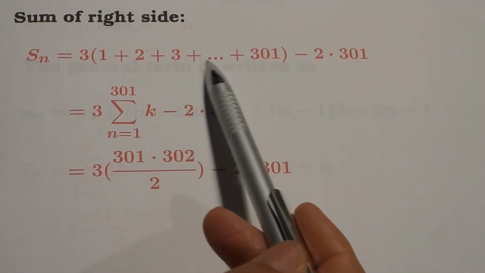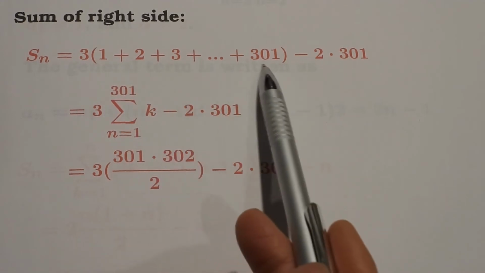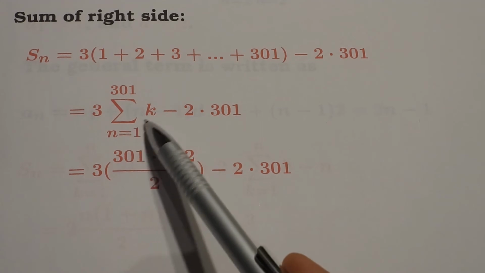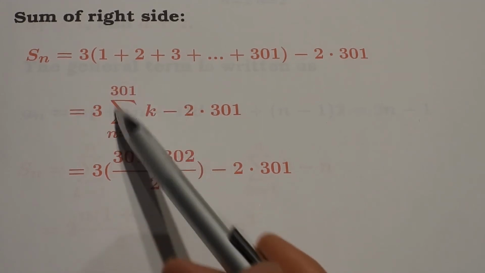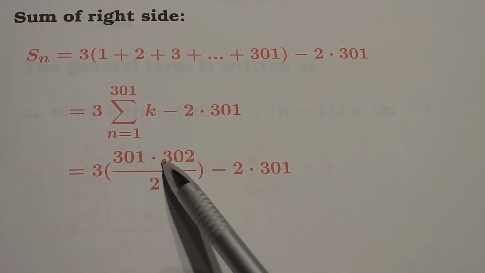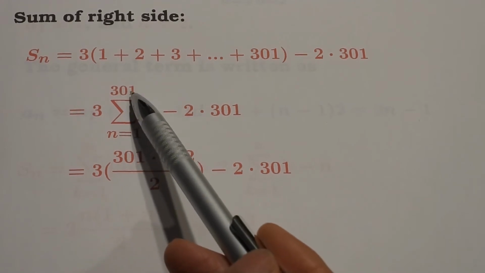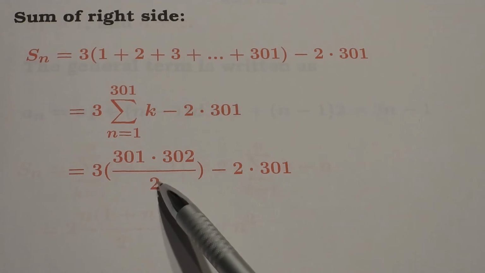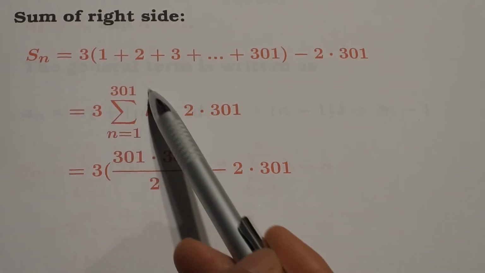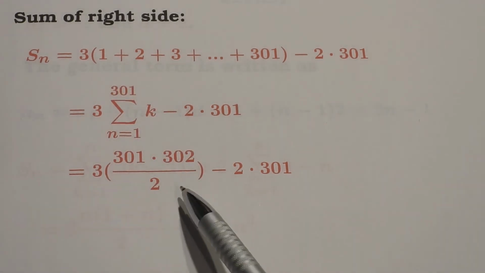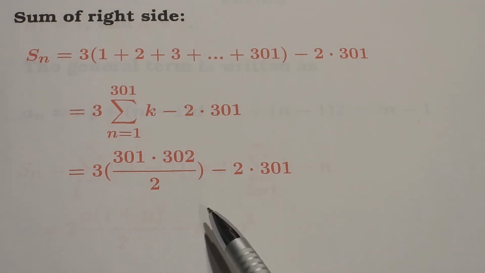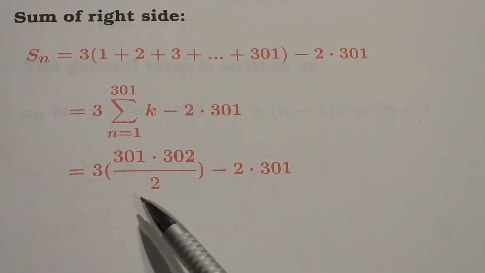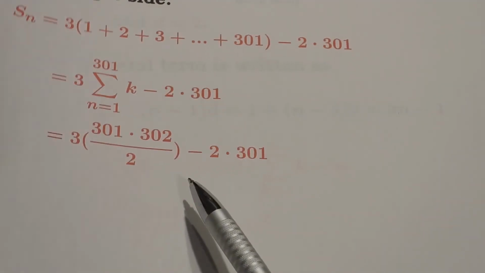So this one is just simply sigma notation as we saw just before here, right? And then what was the formula for getting the sum? It was n times n plus 1. Because n is 301, we have 301 times 301 plus 1, which is 302, divided by 2. And then we just replace this one by the calculation formula, and then you just calculate.